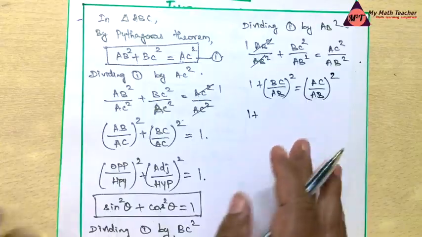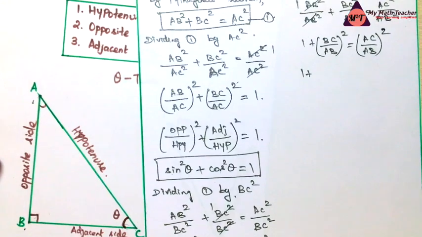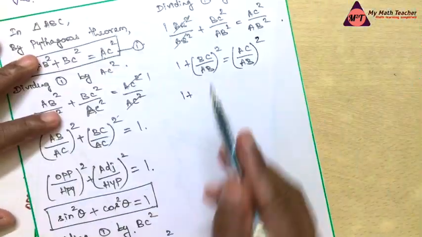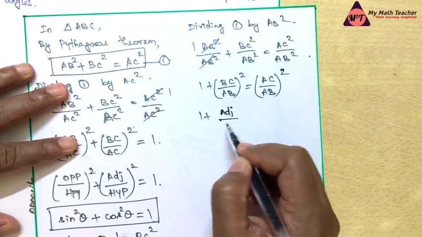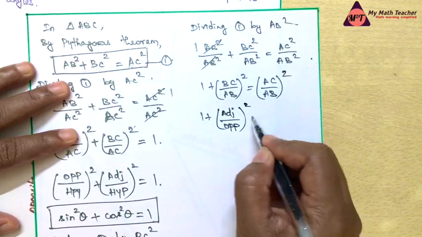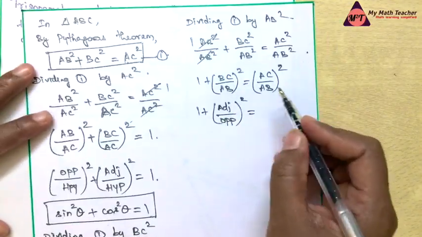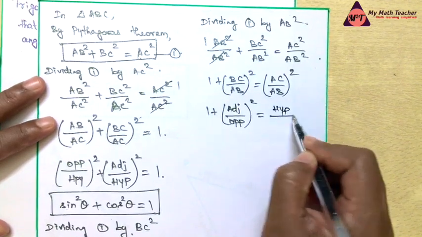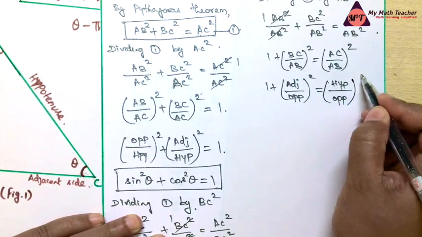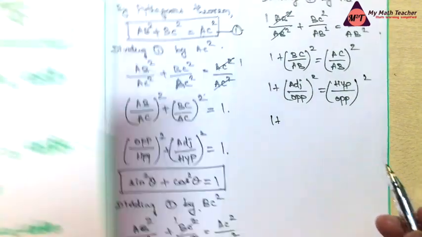1 plus, what is BC? BC is adjacent side, and as we know AB is opposite side. Adjacent side by opposite side, the whole square, that is equal to, what is AC? AC is hypotenuse by AB is opposite side, the whole square. Okay, now 1 plus, what is adjacent by opposite?